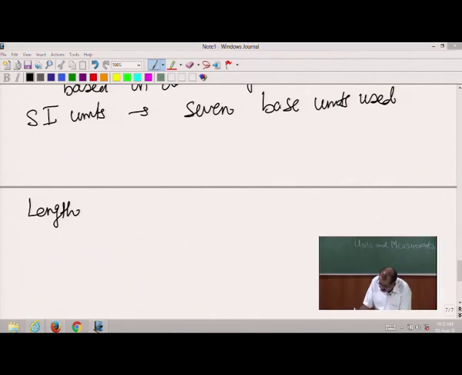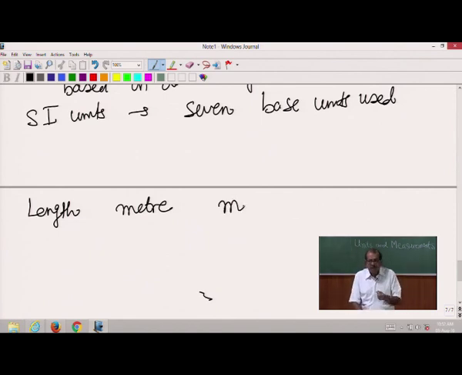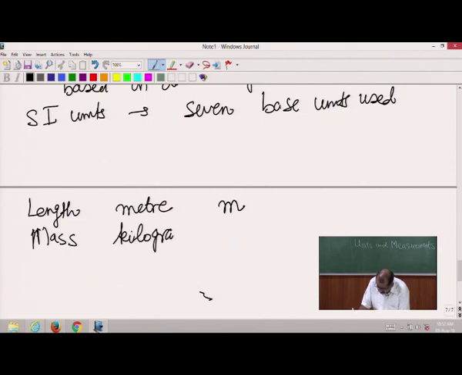The SI system uses meter and generally is denoted by m. For mass, the basic unit used in the SI system is kilogram, and the symbol for that is kg.